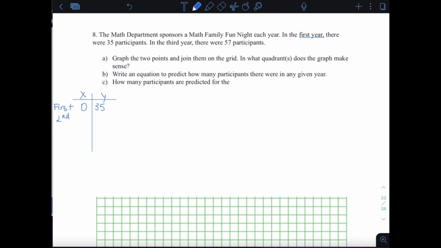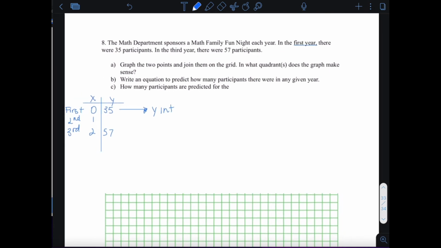We don't have any info on the second year, but we also have our third year. So our third year would actually have an x value of 2. Now, the reason I'm doing this is because I want to make this my y-intercept. It's helpful in drawing the graph, but also the y-intercept then will have a meaning to it. It will be our initial value.